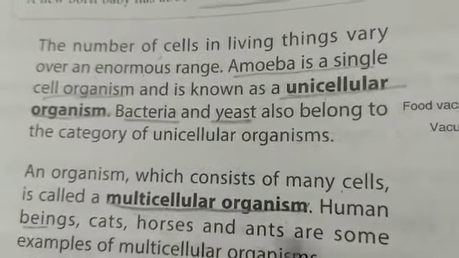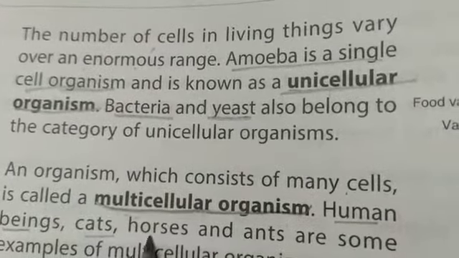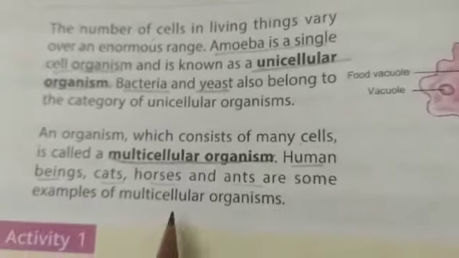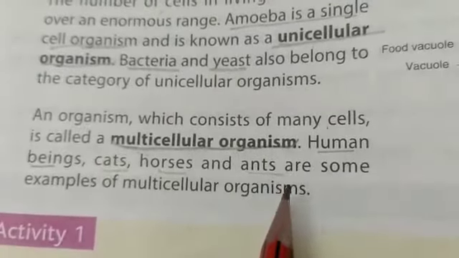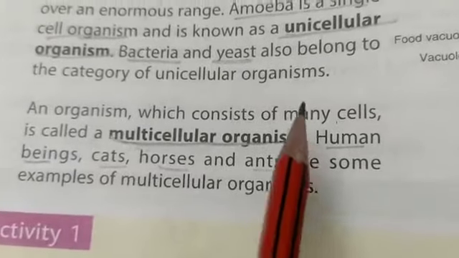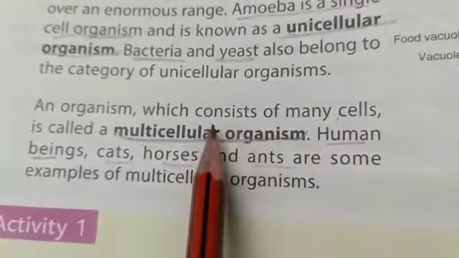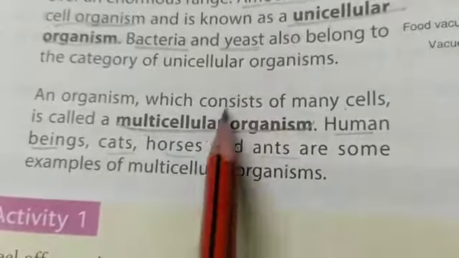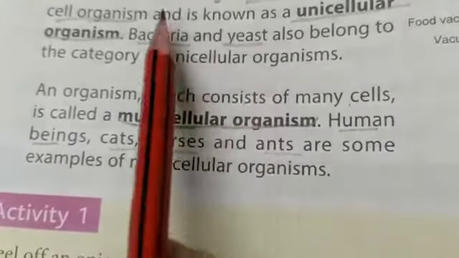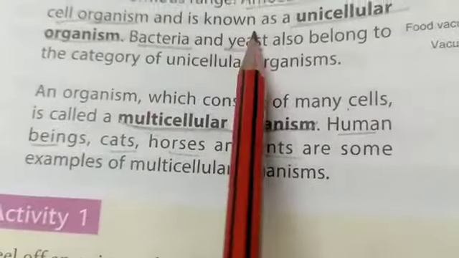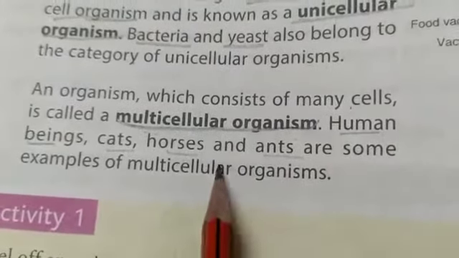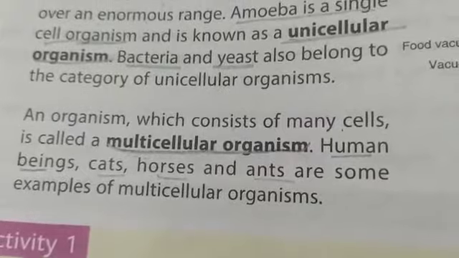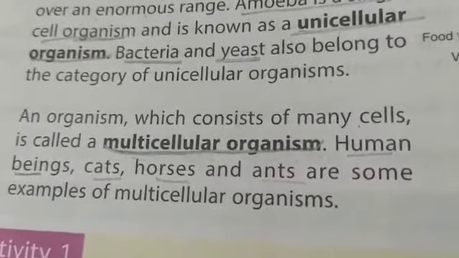Human beings, underline, cats, horses and ants are examples of multicellular organisms. So these examples will come. If they ask you the definition of unicellular and multicellular, write the first point with examples. In unicellular, bacteria and yeast, and in multicellular, humans, cats, horses and ants. Write two examples from these. Okay. After that you have a very important activity number 1.